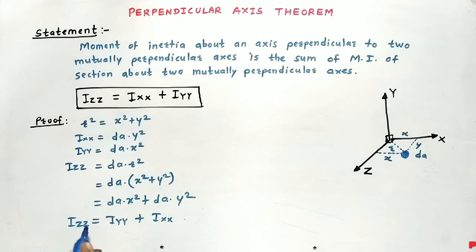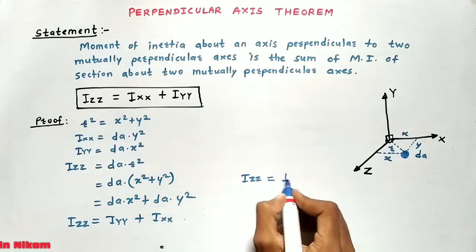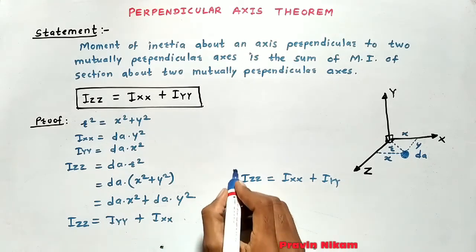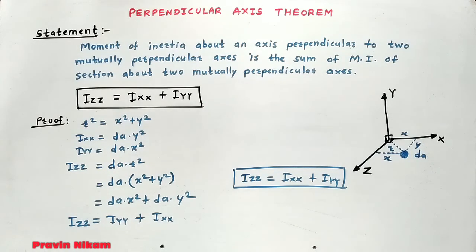So Izz is equal to Ixx plus Iyy. So this is the proof of this perpendicular axis theorem.